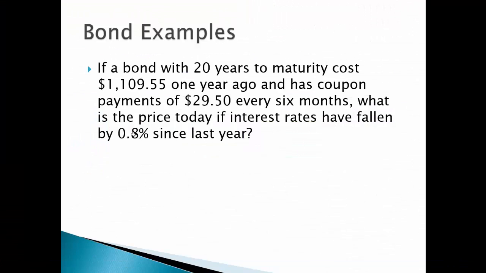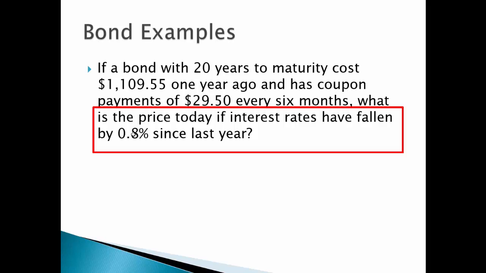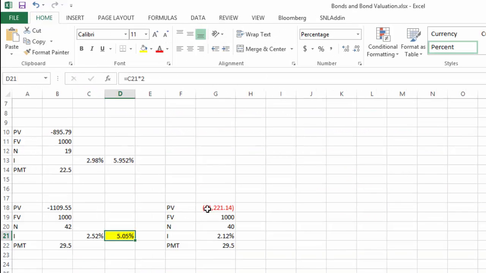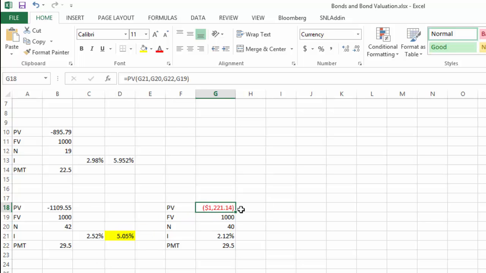Now the question was, what is the price today if interest rates have fallen by 0.8% since last year? So the first thing I had to do was figure out what the interest rate was last year, what the bond was paying, what its yield to maturity was a year ago. Now I need to decrease that by 0.8% per year and then solve for the price.